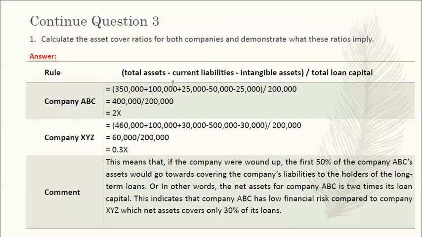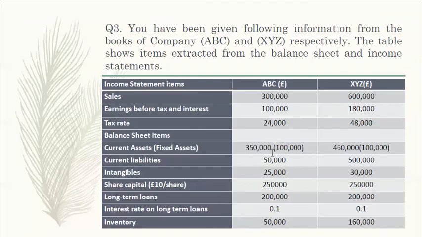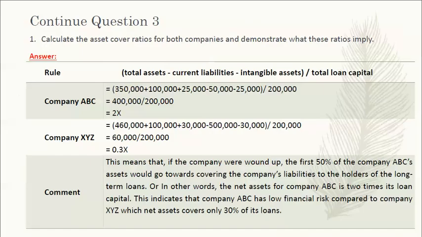Then I subtract from this amount the current liabilities. For company ABC, the current liabilities equal 50,000. Then I subtract the intangible assets, which is 25,000, and after adding and subtracting, I divide by the total loan capital, which is 200,000, and this is also mentioned here.